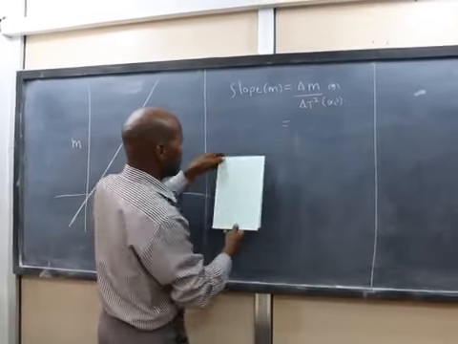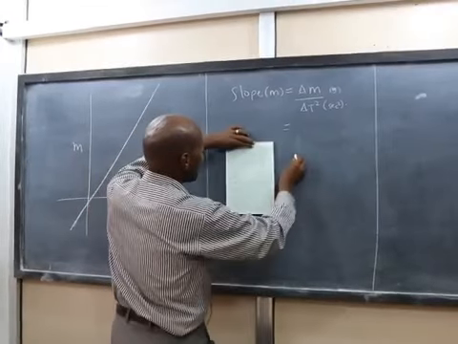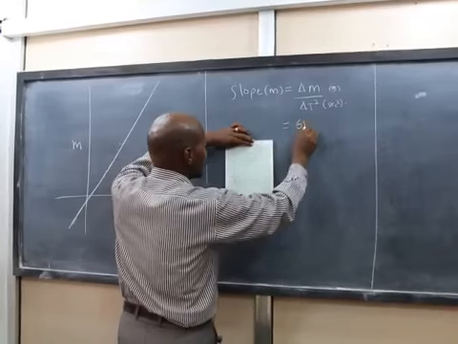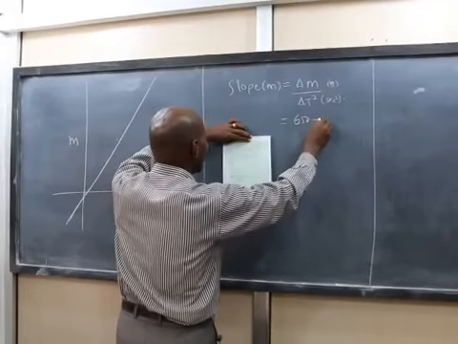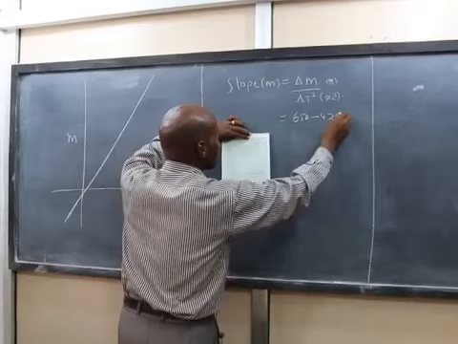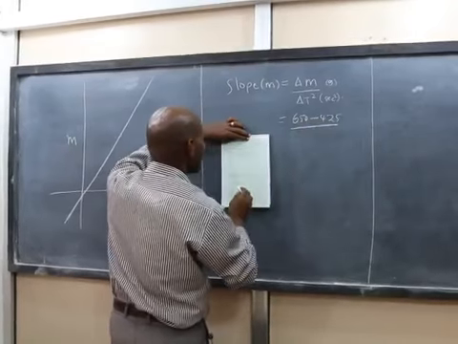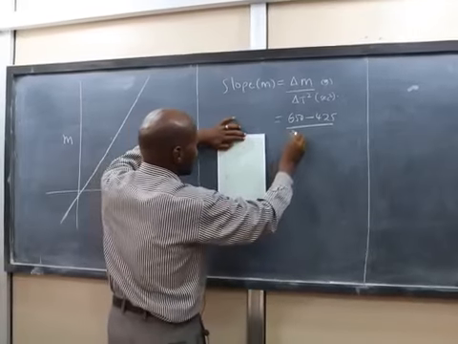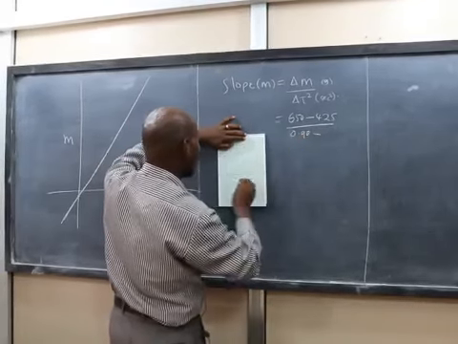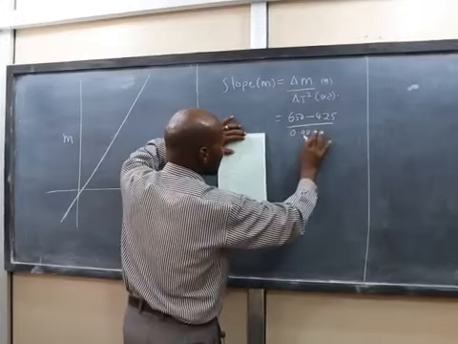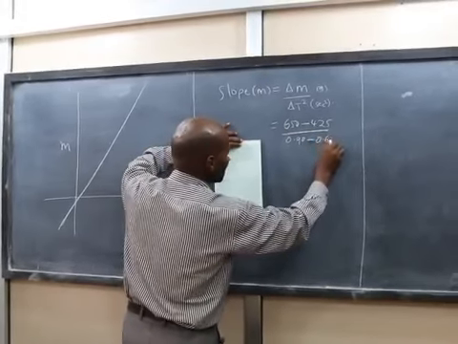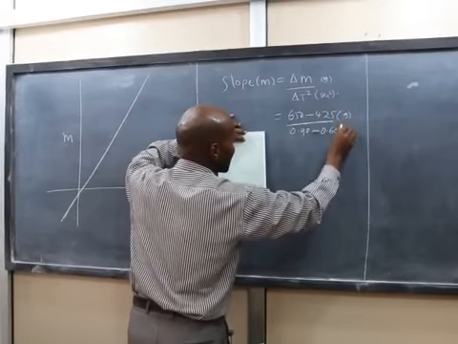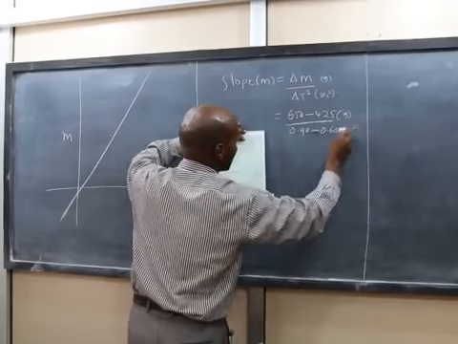According to our graph, the points are on the m axis, 650 minus 425, over, on the T squared axis, 0.90 minus 0.60. So this is in gram, this one in second squared.